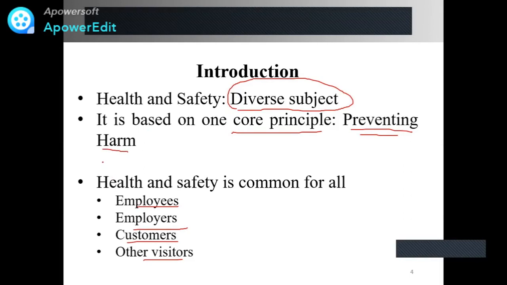When we are thinking about harm, harm may be either physical harm or mental harm. Both are considered under health and safety.